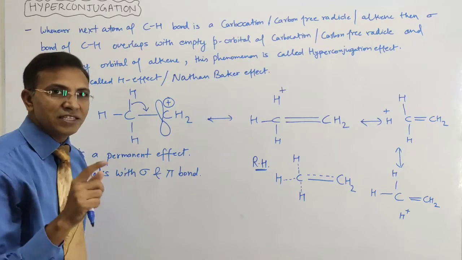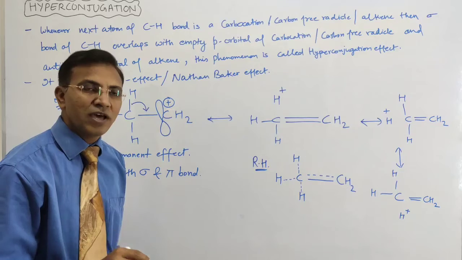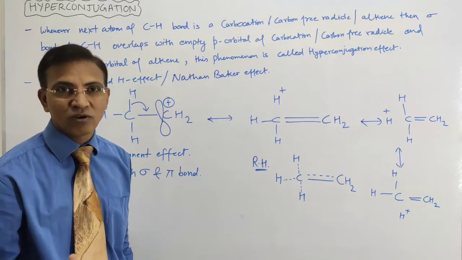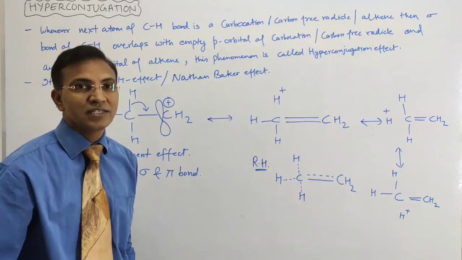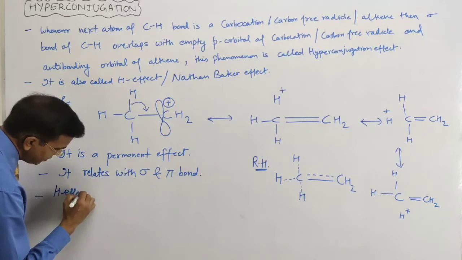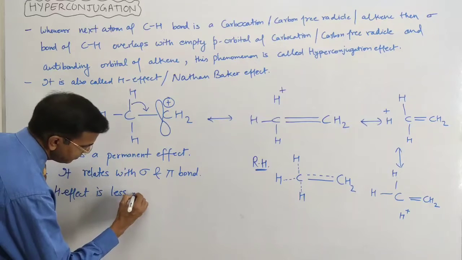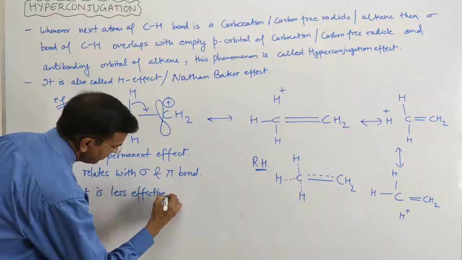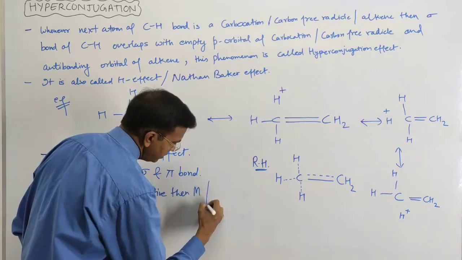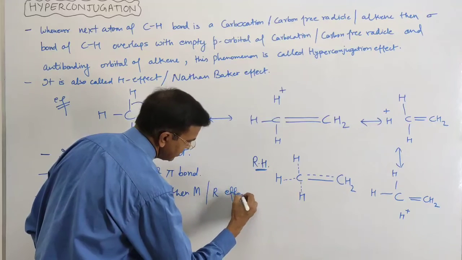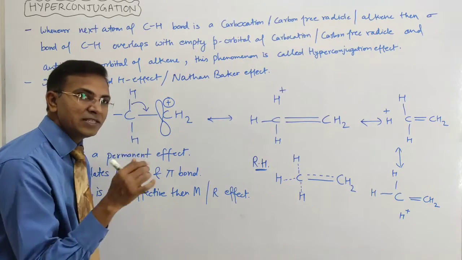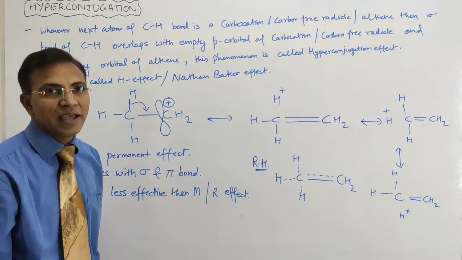That means this effect requires some energy, and that's why the H effect is less effective than the mesomeric effect or resonance, because in the mesomeric or resonance effect bond breaking doesn't take place, right?